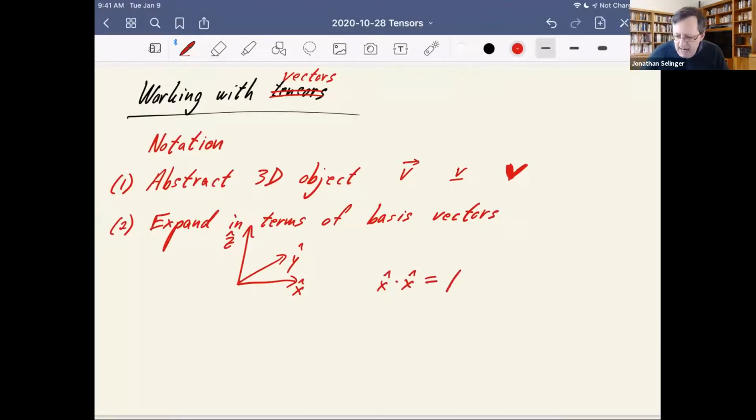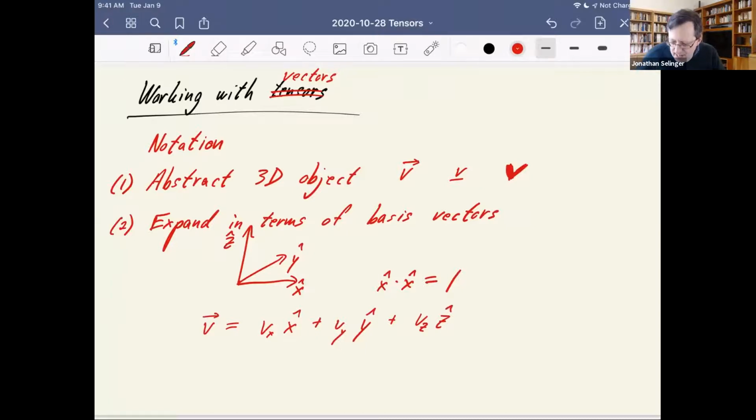Okay? And so if I want to write any old vector in terms of these basis vectors, I would say vector v is some vx times x-hat plus vy times y-hat plus vz times z-hat.